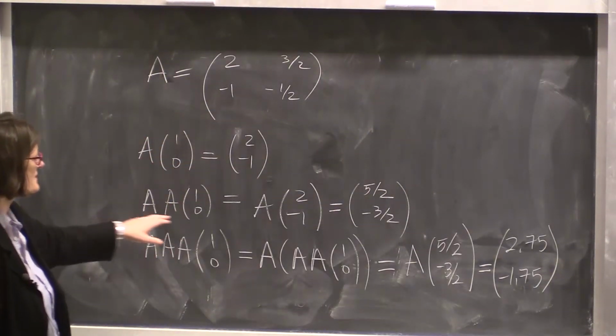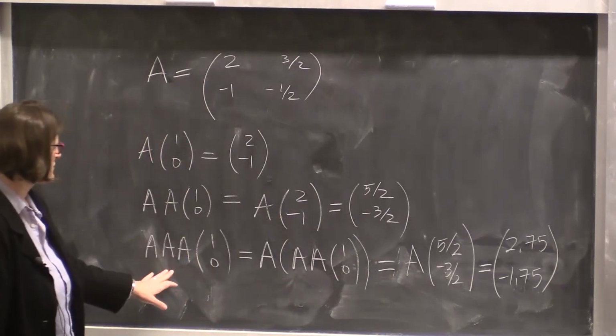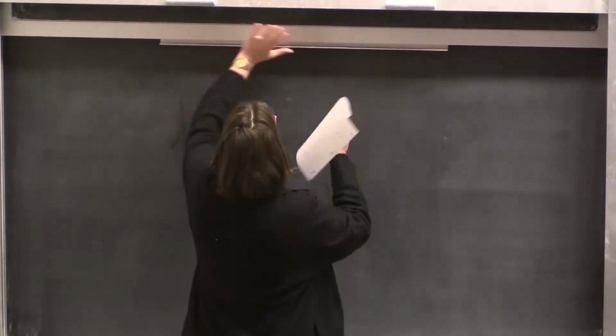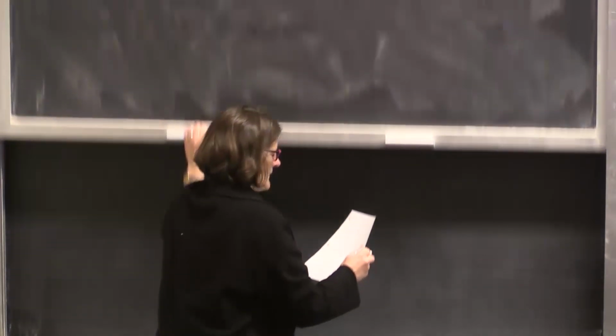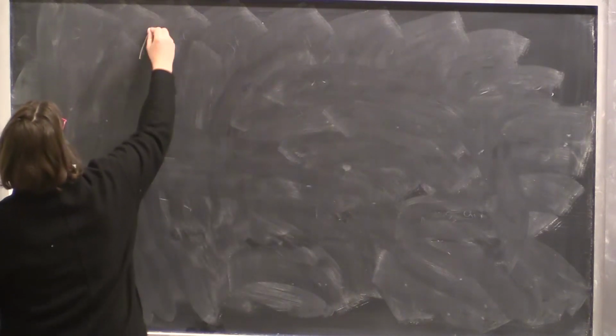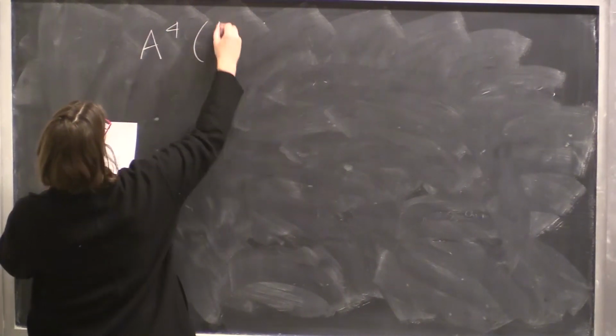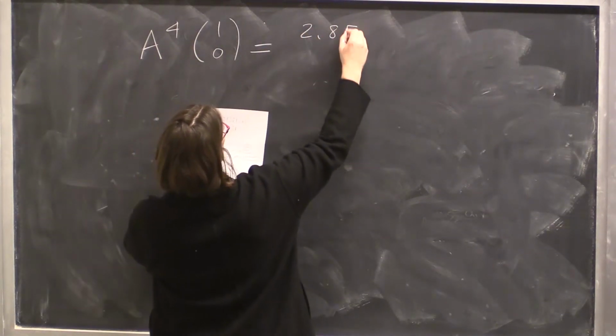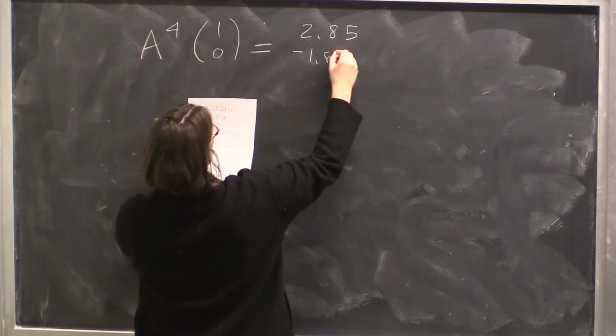So if I apply A once to the standard basis vector (1, 0), I get this. If I apply it twice, I get this. If I apply it 3 times, I get that. If I apply A 4 times to the standard basis vector, I get (2.85, -1.875).